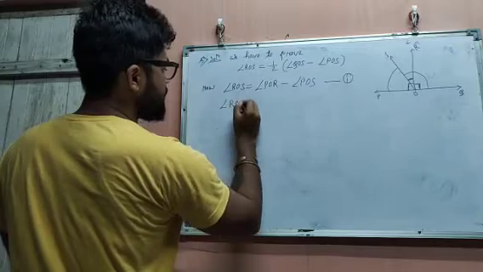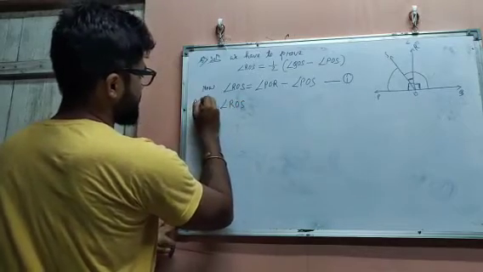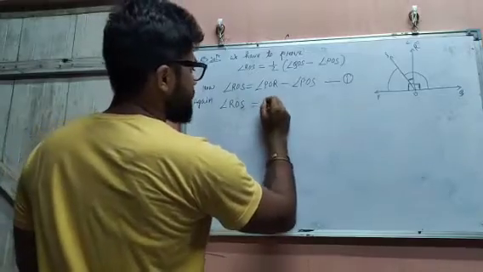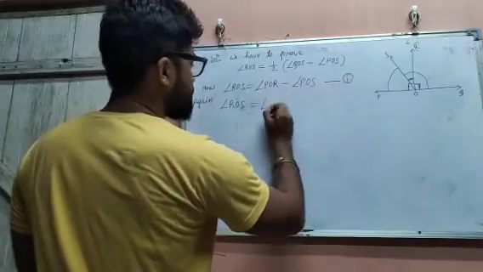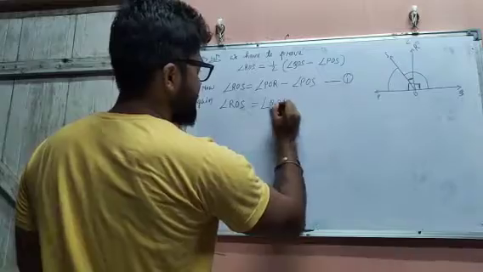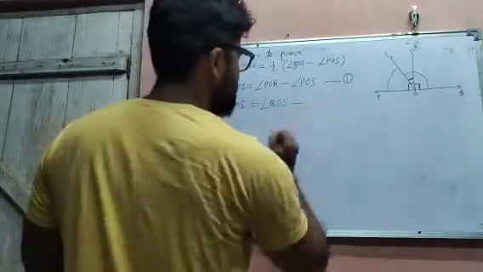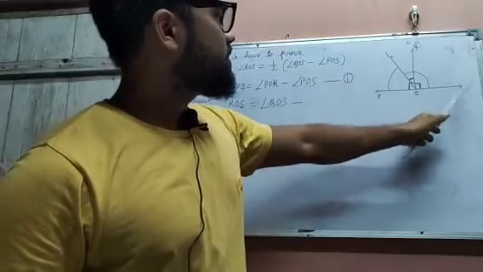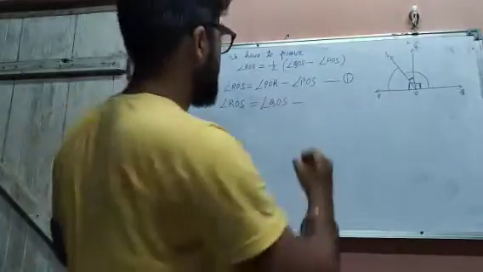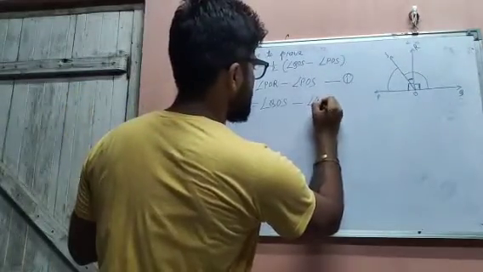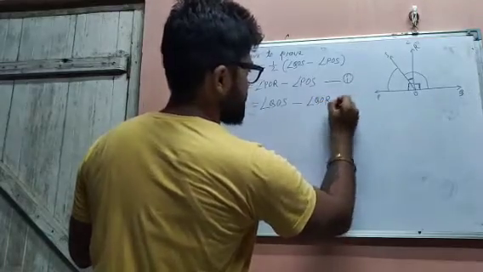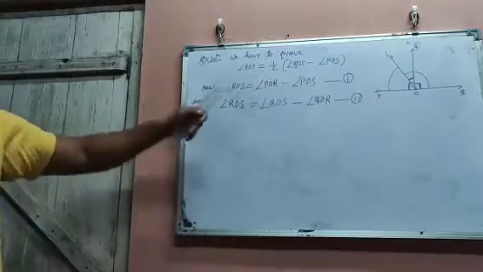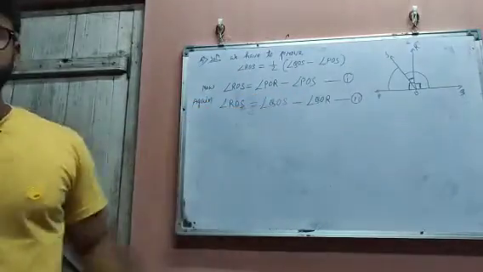Again, angle ROS equal to angle QOS minus angle QOR. Equation number 2. So here it is 1, here it is 2.